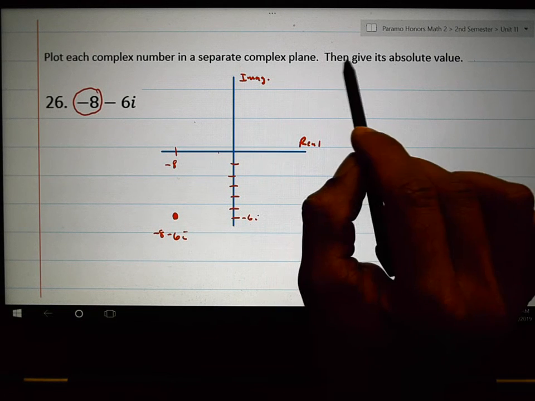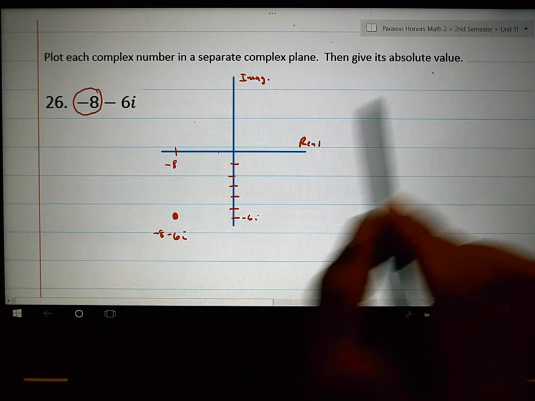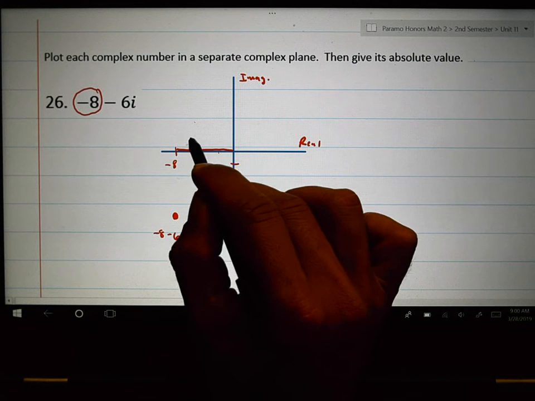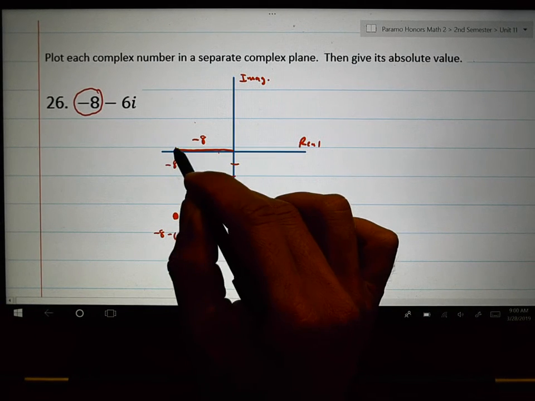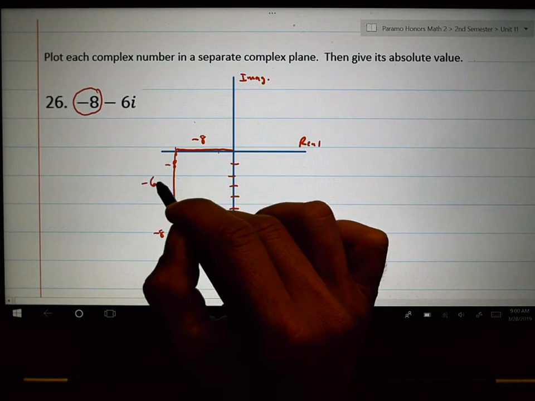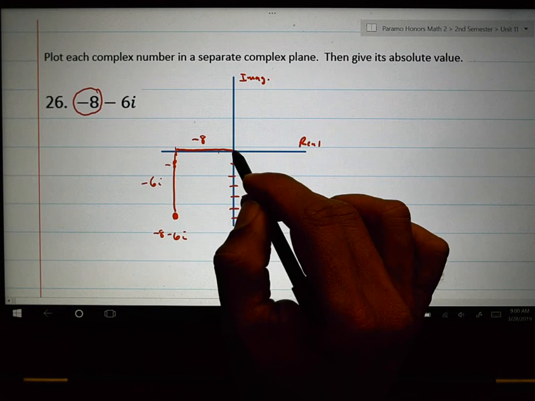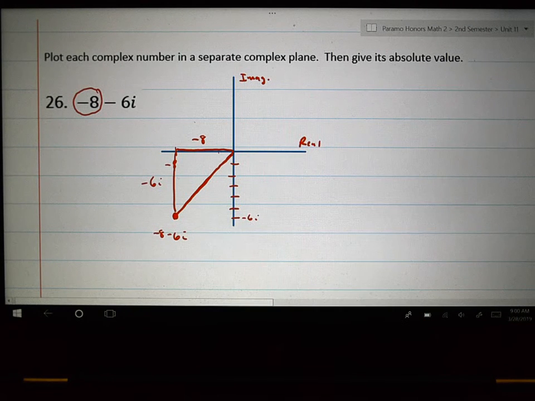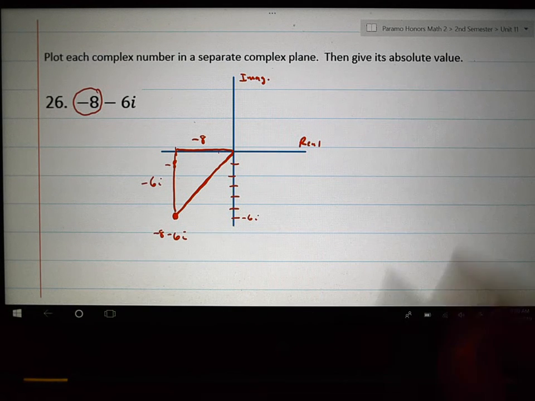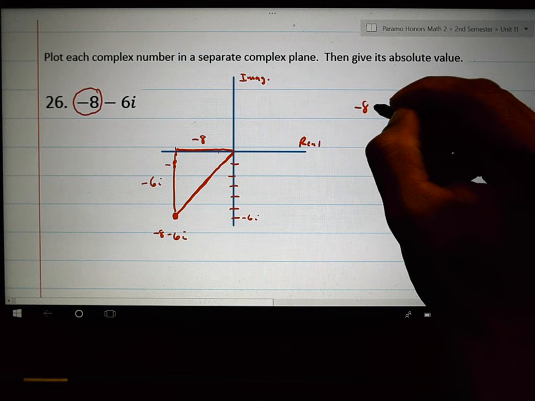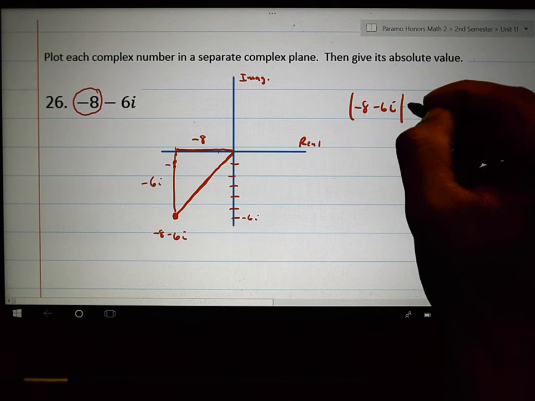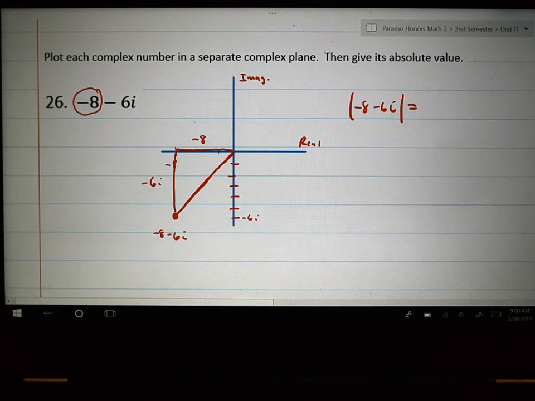Then it says give its absolute value. So if we went to the left 8 units and we went down 6i units, if we find this distance, we'll know what the absolute value is. What I'm doing is treating it like a right triangle.